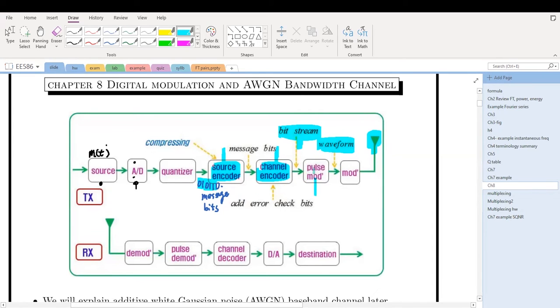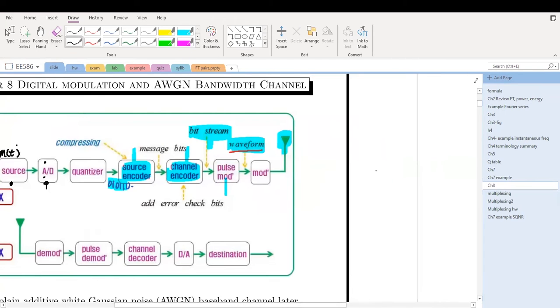We need to do pulse modulation. During the pulse modulation, digital zeros and digital ones are mapped into pulses. And these pulses are waveforms, a function of time. For example, if I have 1 1 0 0 1 0 1 1, for 1 I use this pulse, and for 0 I use this pulse.